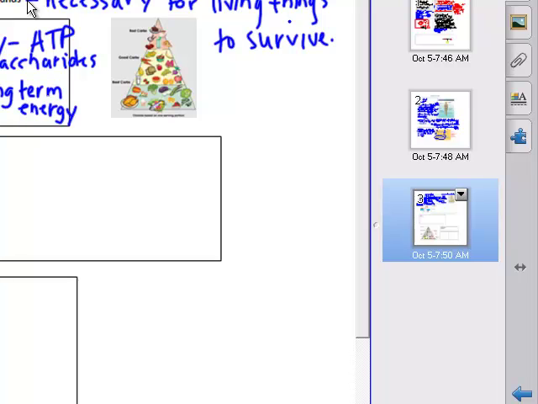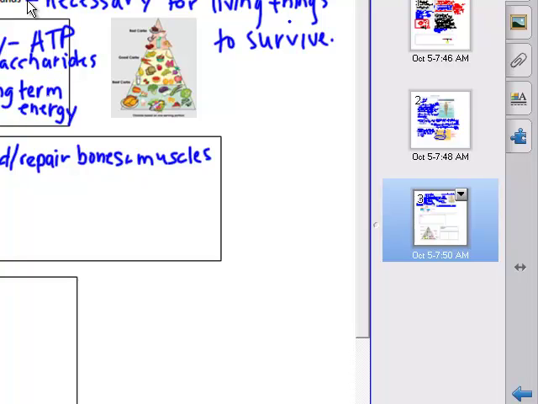Okay, the second organic compound that's necessary for living things to survive is something called proteins. And proteins are especially useful in building and repairing bones and muscles. Okay, that is their main job.